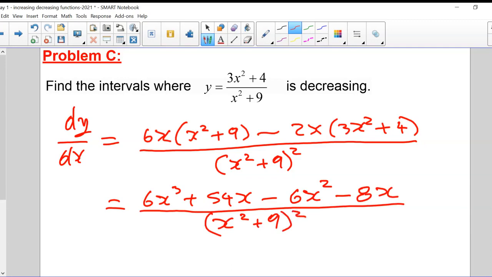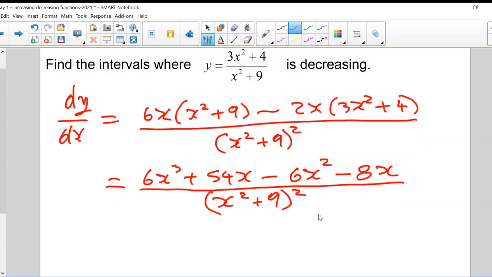Okay, so I'm thinking the top, the 6x cubed and the minus 6x cubed. Before anybody points it out, I realize that it is in fact cubed. The 6x cubed and the minus 6x cubed do seem to cancel each other out, so that's good.